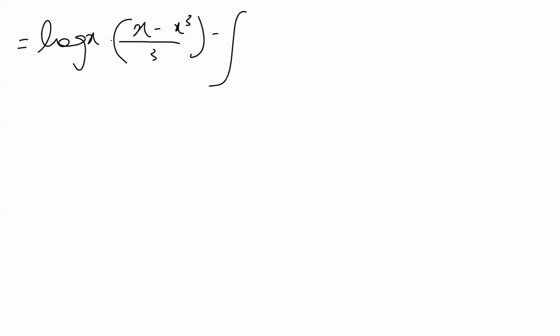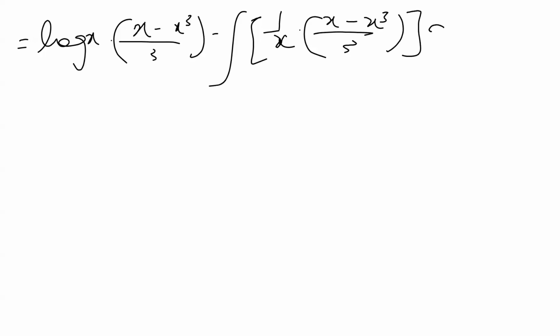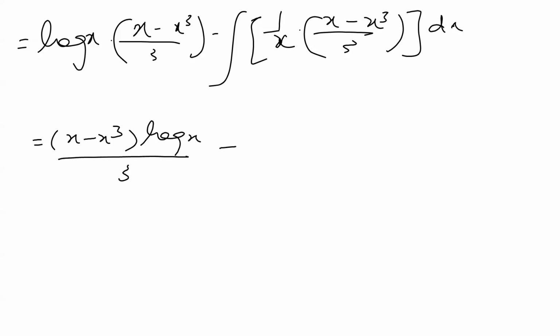So this log x is as it is, (x minus x cube by 3), minus bigger integration 1 upon x into (x minus x cube by 3). So this is (x minus x cube by 3) log x, minus 1 by 3 outside, (3x minus x cube) by x.